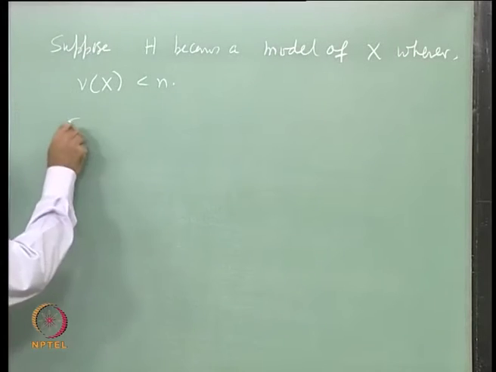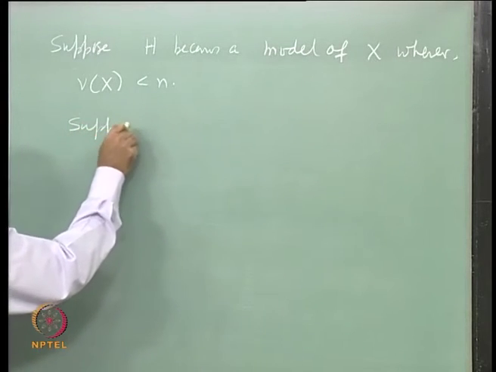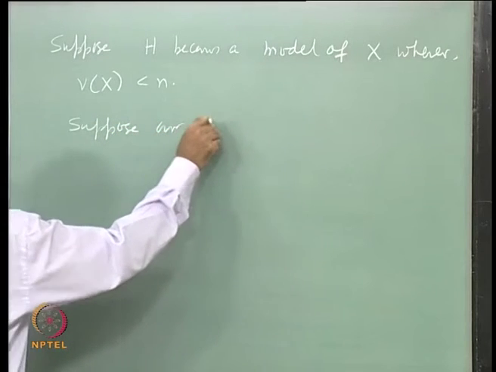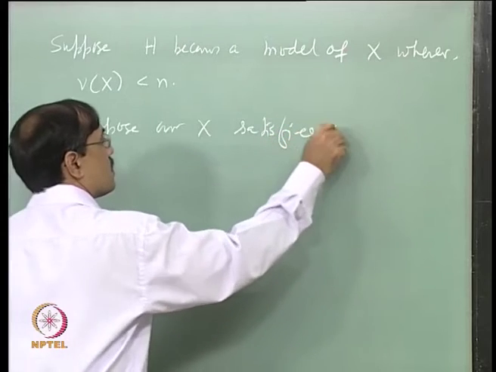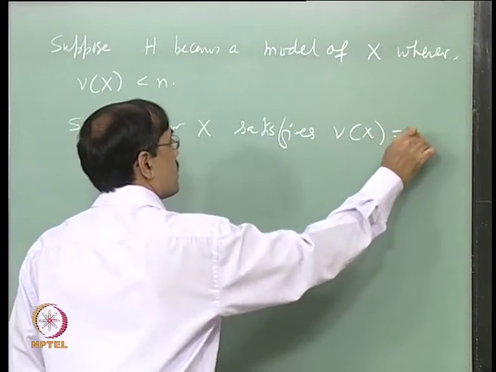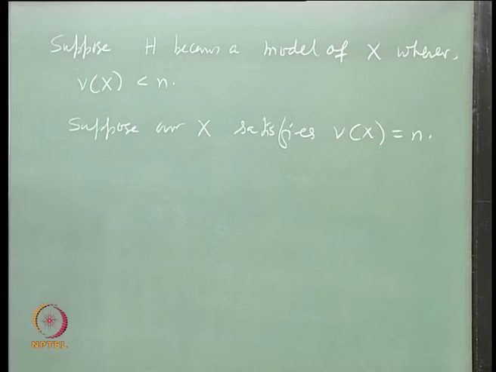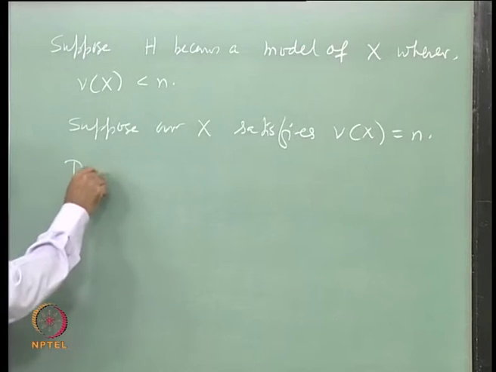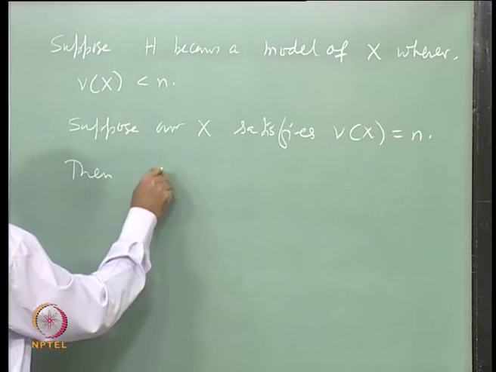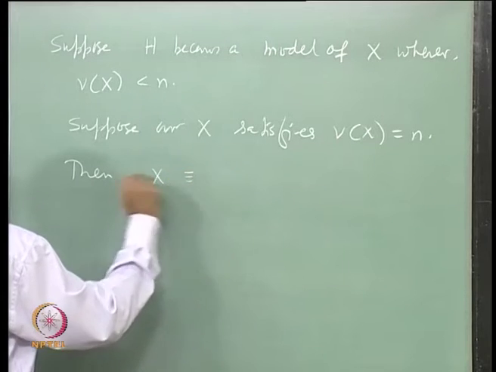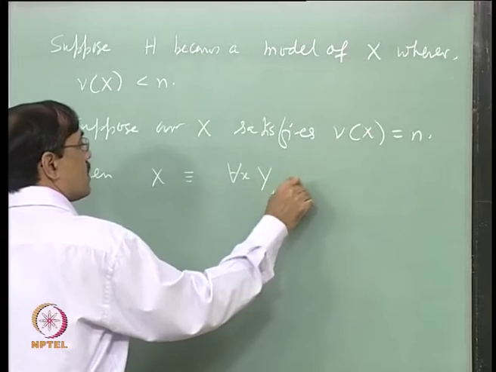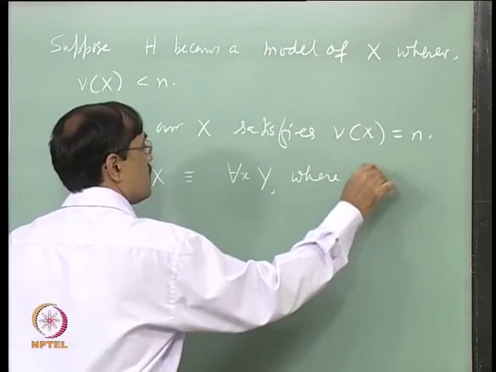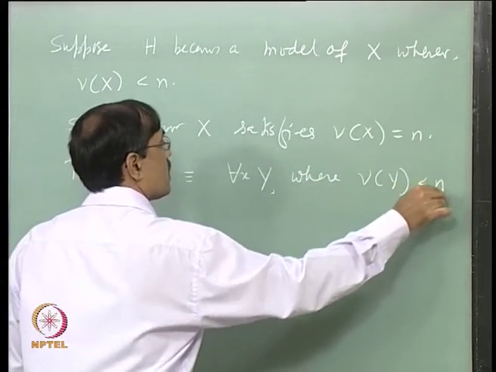So, suppose our X satisfies nu X equal to n, then X is same as for each x y where nu y is less than n.